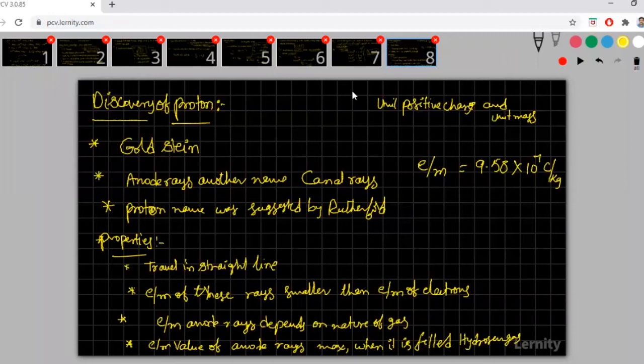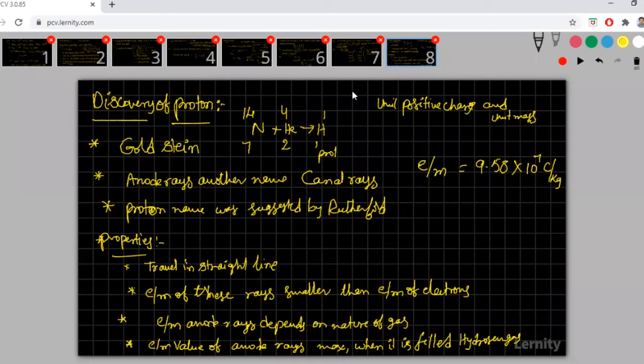And Rutherford obtained protons by bombarding nitrogen with helium. The formula is nitrogen 7, 14, where 7 is called the atomic number and 14 is called the mass number, plus helium, which we will discuss clearly in the next topic. Then you get hydrogen 1, which is called a proton.